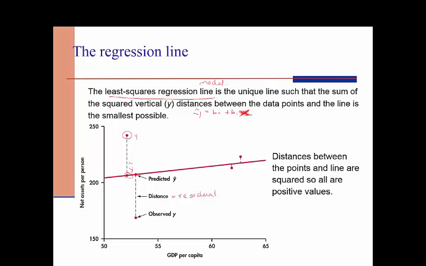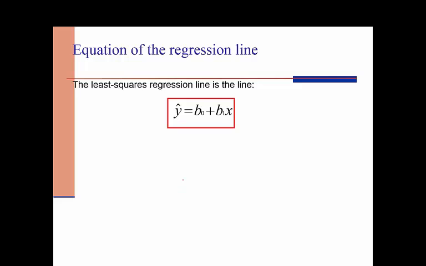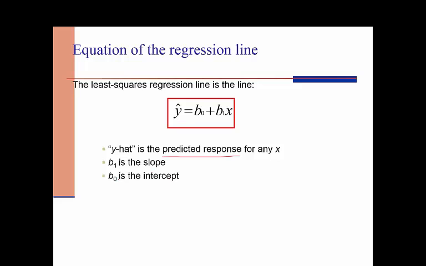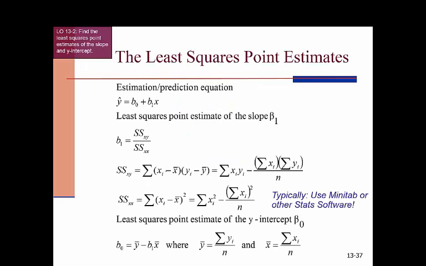It's the error, right? It's what you are predicting, but what's actually happening, the difference between them is the residual or the error. So we come up with then an equation of the line that helps you find a predicted value, y hat, based on any x, where b1 is the slope, b0 is the intercept, the constant, and you can find those values based on a whole bunch of computations on the data sets.